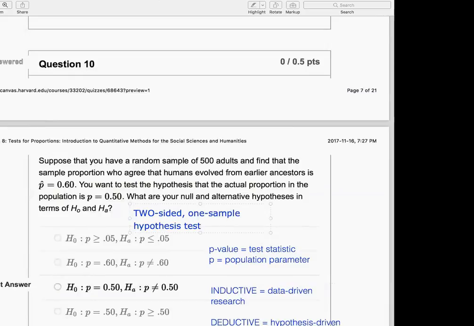Well, a two-sided hypothesis test tells us whether or not it is a certain value, and it can be rejected. It's non-directional. In other words, all we're interested in is whether or not the hypothesis is equal to what we think it to be or not. So is the true population parameter equal to this value, or is it not? That's different than saying, is it greater than a certain value?